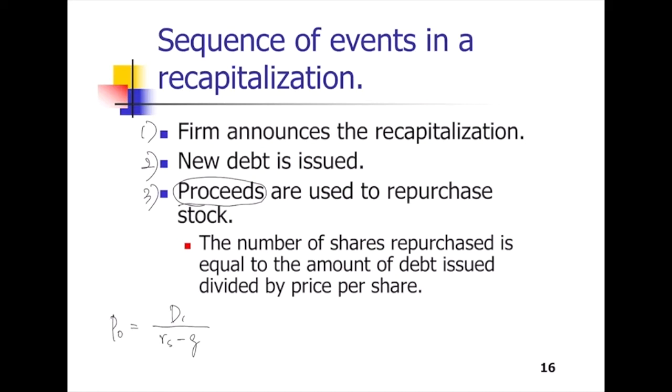The dividend at T1 over RS minus G. And we can say D1 can be calculated by EPS, earnings per share, multiplied by the dividend payout ratio, and the denominator is the same.